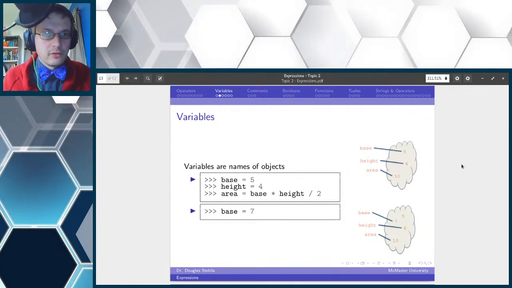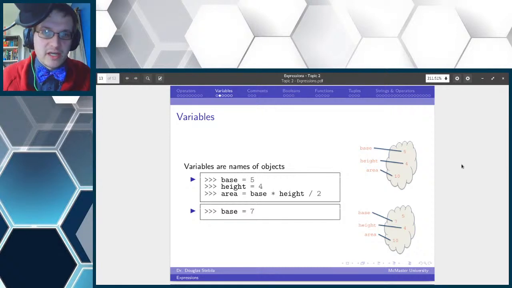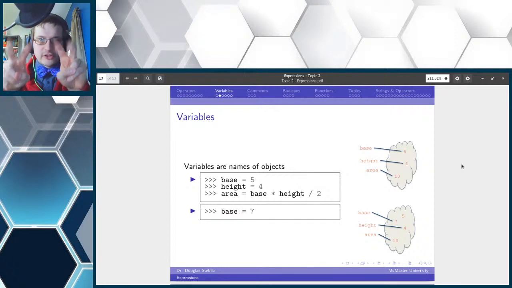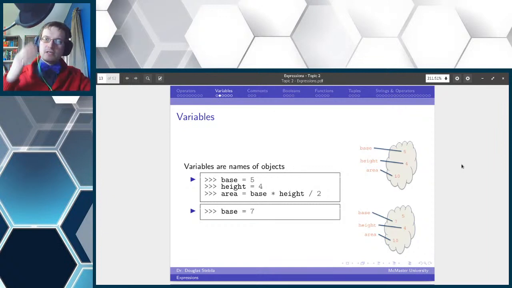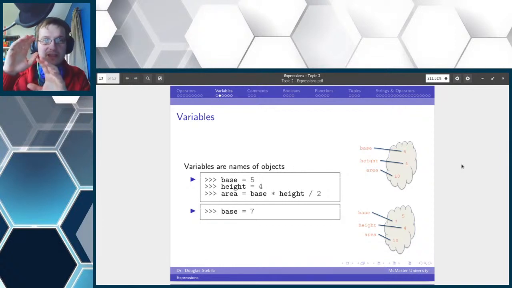Generally speaking, the rules for variables are the same as the rules for files in your operating system. If you imagine you're working on a Word document, and you are typing away, you hit save, the old version of your document ceases to exist, and it is completely and immediately replaced by the new copy of the document that has been saved, right?